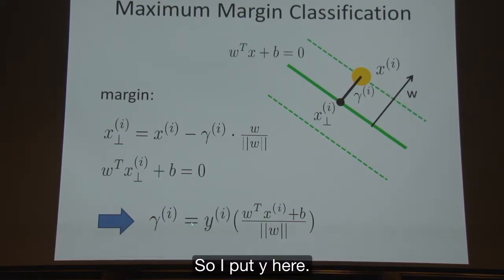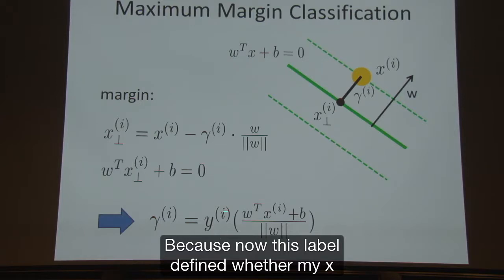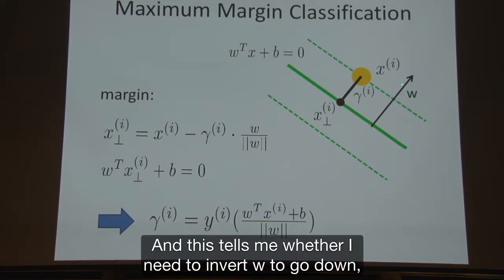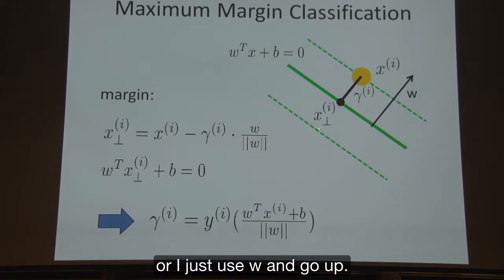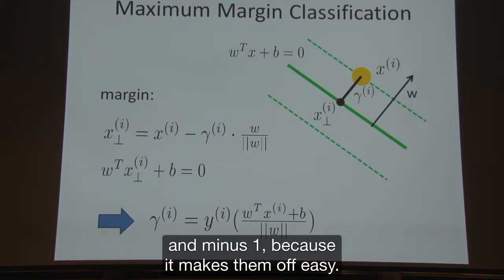And I put Y here because remember, this is why we made them +1 and -1. Because now this label here defines whether my X is on the positive side or on the negative side. And this tells me whether I need to invert W to go down or I just use W and go up. So this is just why this Y is in here. And this is why it's so neat to have the labels +1 and -1 because it makes the math easy.